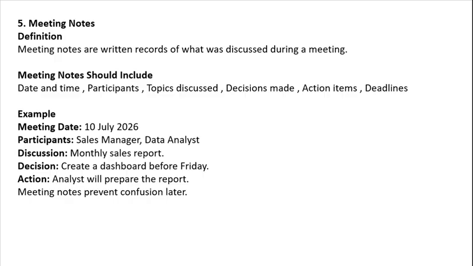They should include date and time, participants, topics discussed, decisions made, action items and deadlines. For example, the meeting date is 10th July 2026, the participants are the sales manager and data analyst, the discussion is the monthly sales report, the decision is to create a dashboard before Friday, and the action is that the analyst will prepare the report. Meeting notes prevent confusion later.